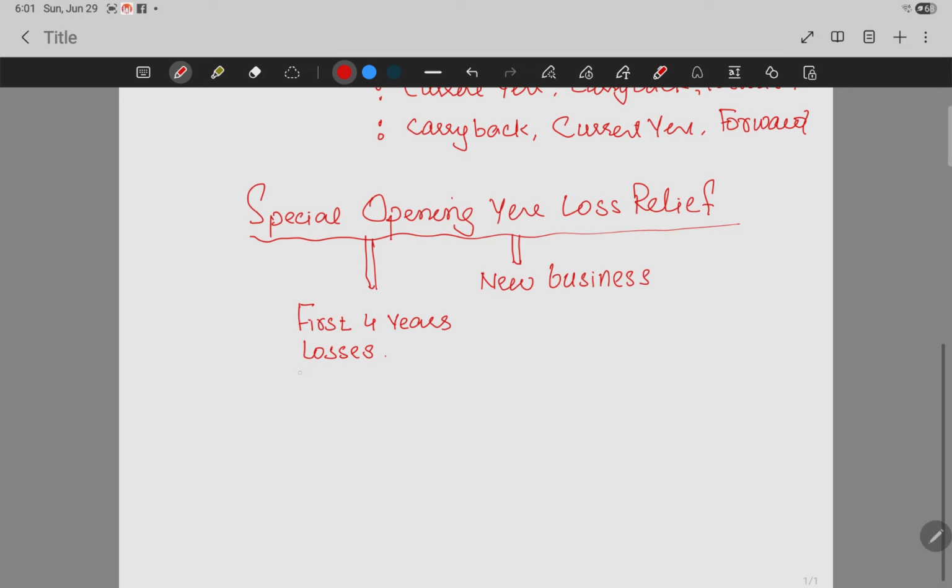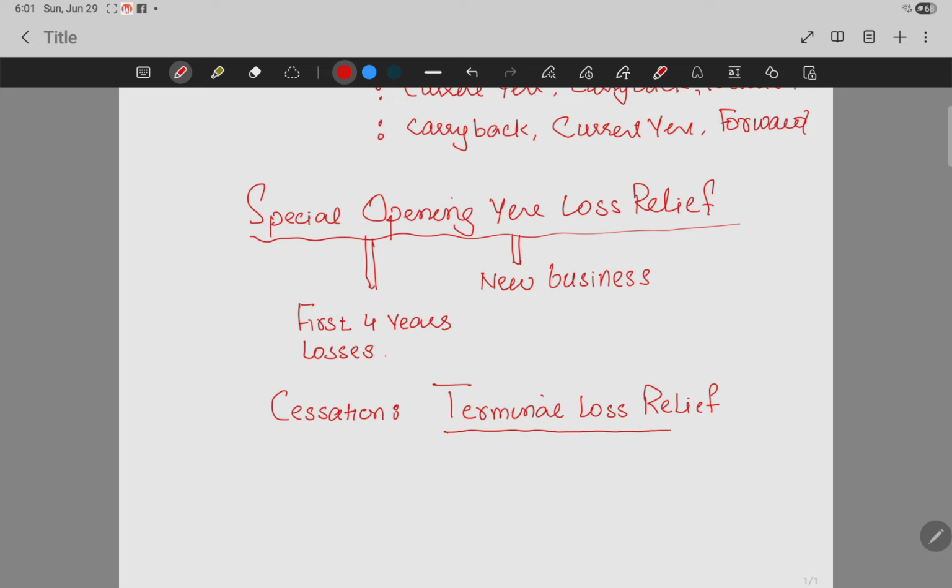Then we have the cessation, closure of business. Here we have one special loss relief called terminal loss relief, which is only available for those businesses having their last business year. This is also a special rule.